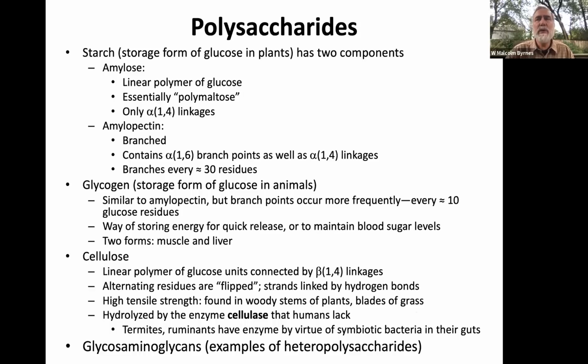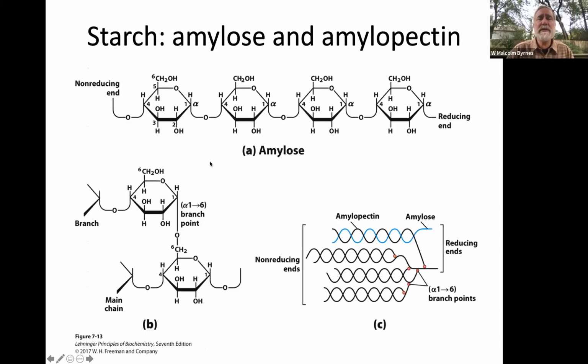That's why we can't eat wood or grass, although we do need fiber in our diet. Termites, ruminants, cows, and so on have the enzyme cellulase by virtue of specific symbiotic bacteria that are present in their guts. And finally, glycosaminoglycans are examples of heteropolysaccharides.